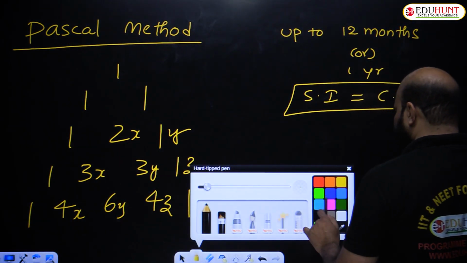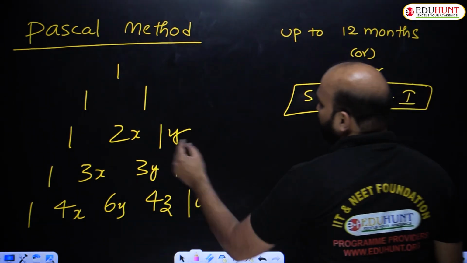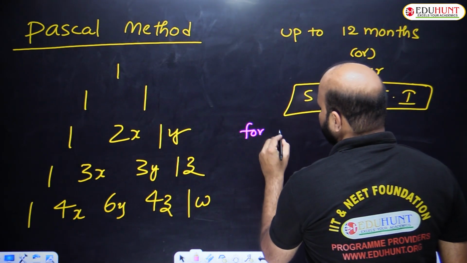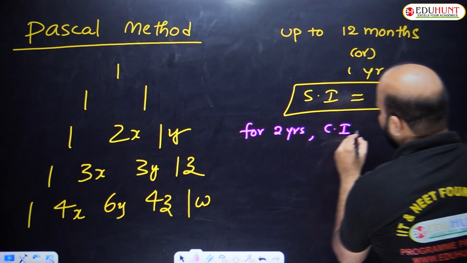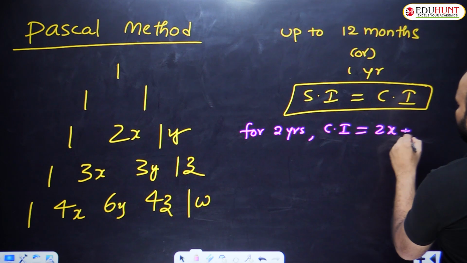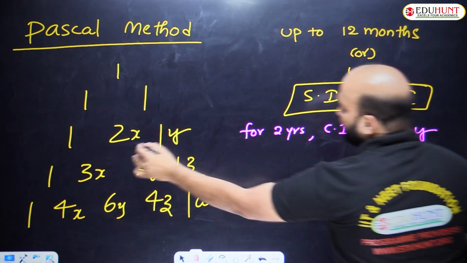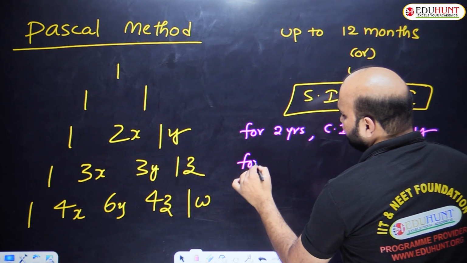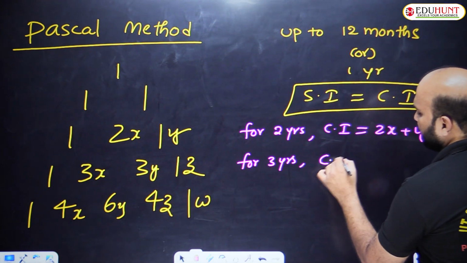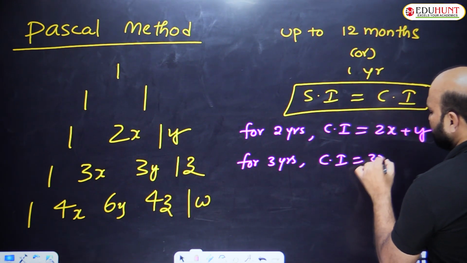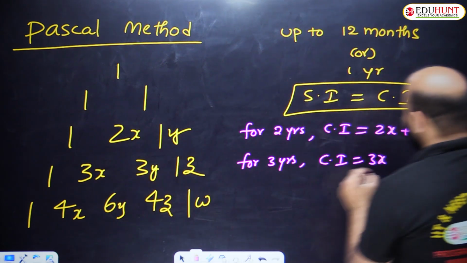So what am I getting first? For 2 years, the compound interest formula is 2x plus y, with only 2 variables taken. For 3 years, this is the shortcut method actually, compound interest equals 3 variables with coefficients, 3x plus 3y plus z.